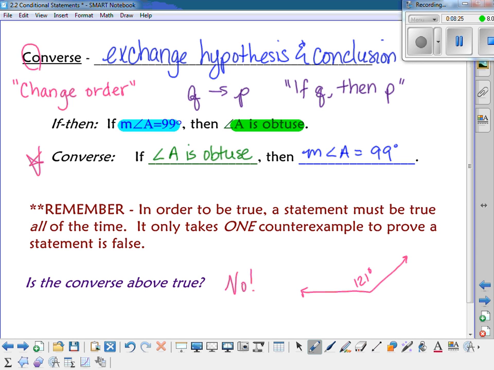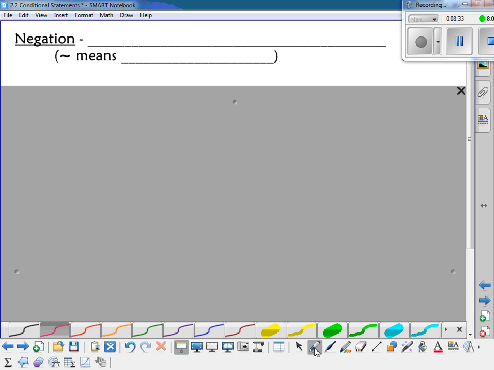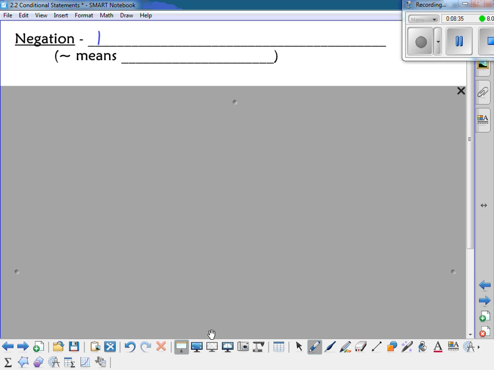Okay, the next thing we're going to talk about is negation. So what negation means is the opposite of the original statement. That little tilde sign means negation.